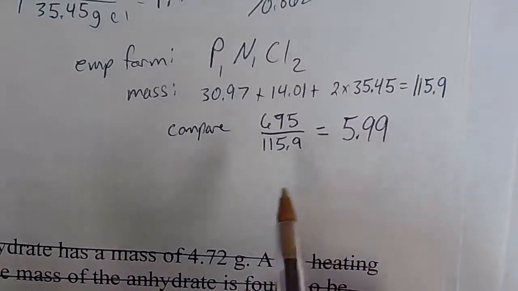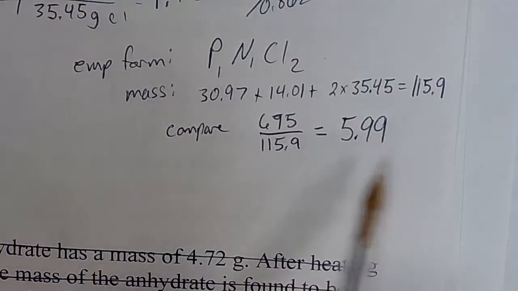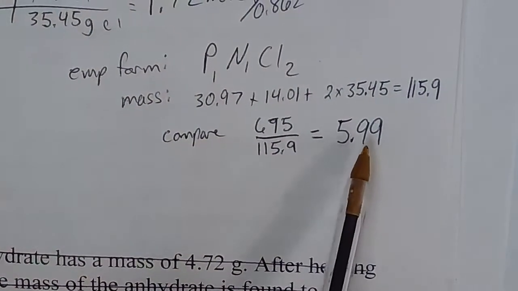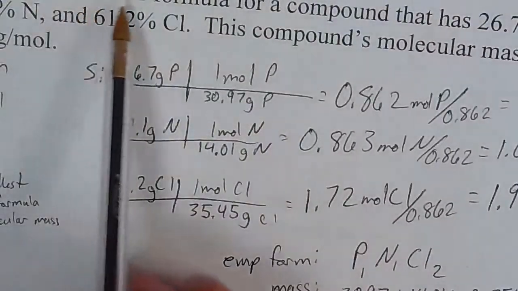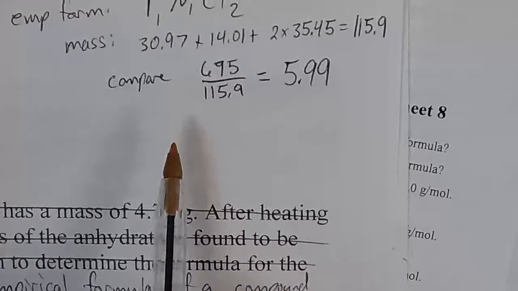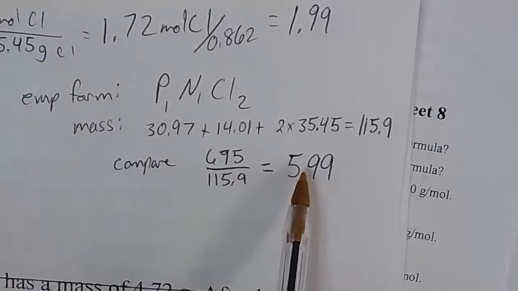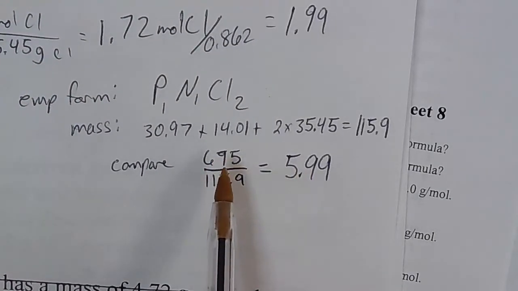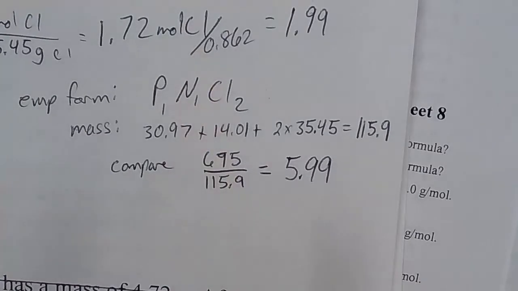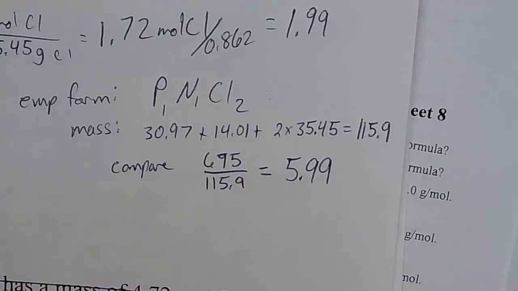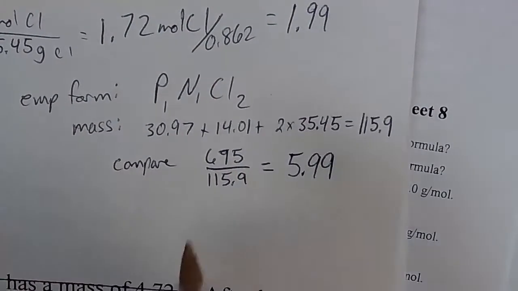All right. So great. Now, the question is, what do we do with that? Because they asked us to find the molecular formula. So this comparison tells us that the molecular formula is what compared to the empirical formula? 6 times bigger. That's right.